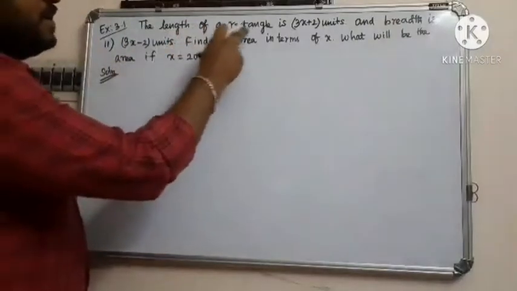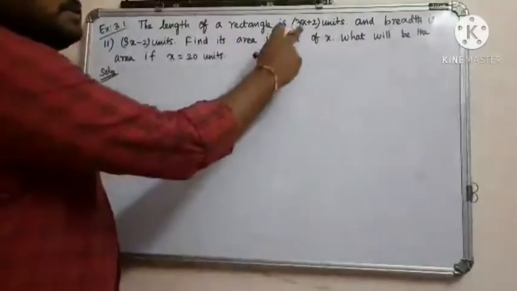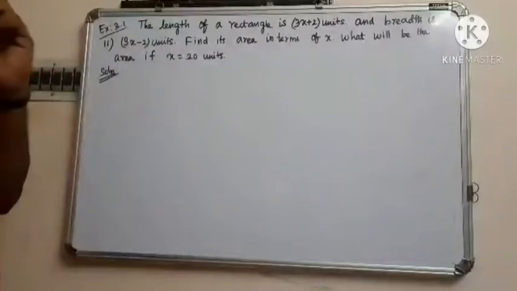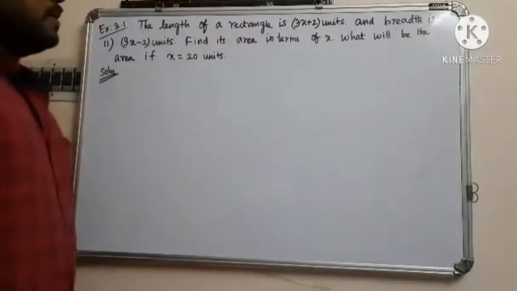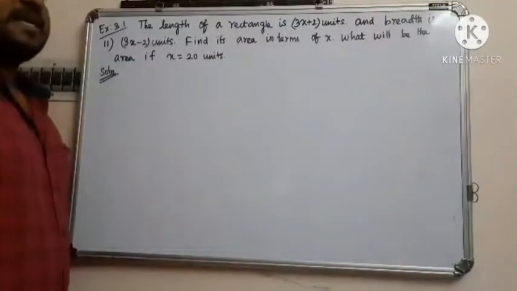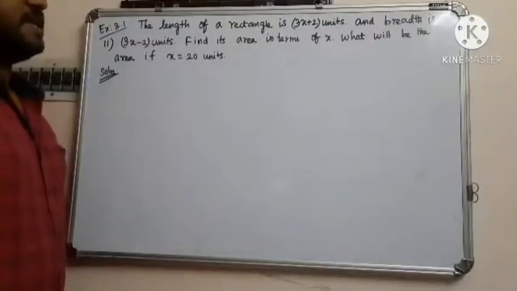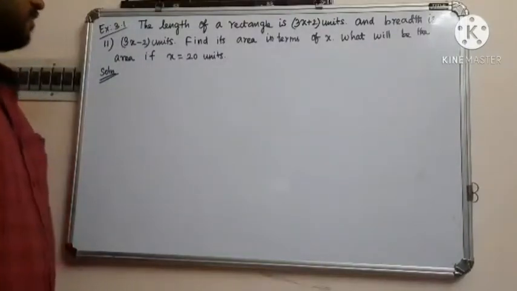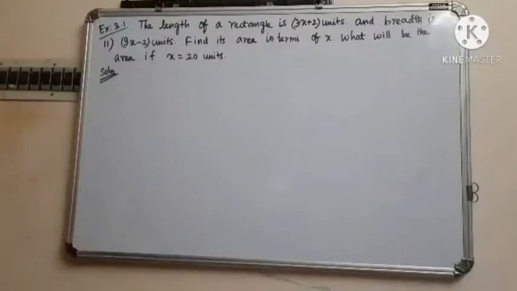The length of a rectangle is 3x plus 2 units and the breadth of the rectangle is 3x minus 2 units. Find its area in terms of x. What will be the area if x is equal to 2 units?